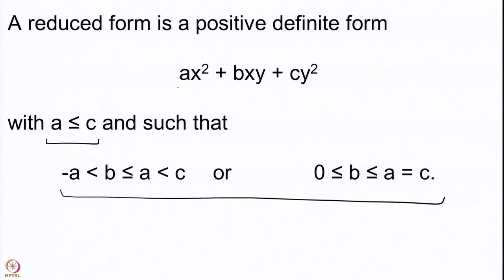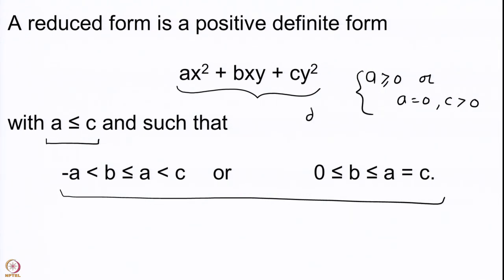So, we have a positive definite form, that means a is positive, or whenever a is 0, c is strictly positive. This is what we have, and of course the discriminant is negative. These are the two conditions which we have for positive definiteness.